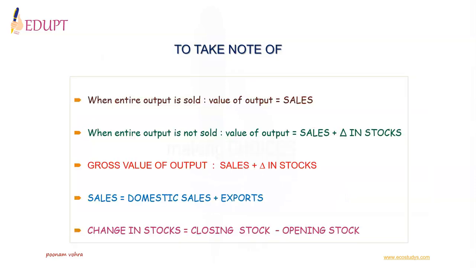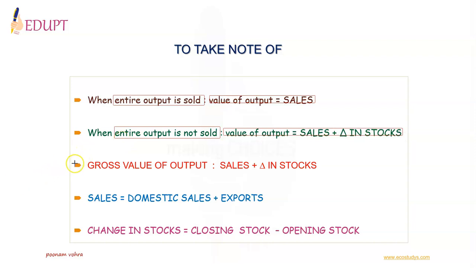One has to take note of the fact that when entire output is sold, then value of output is equal to sales. But when entire output is not sold, then value of output will be sales plus unsold stock, which is change in stocks.